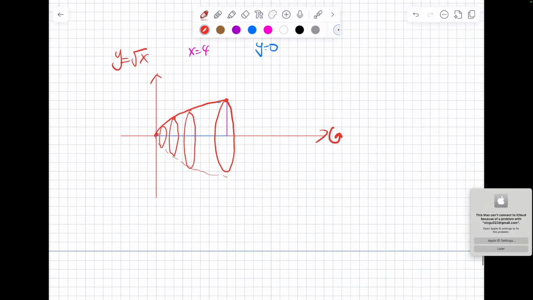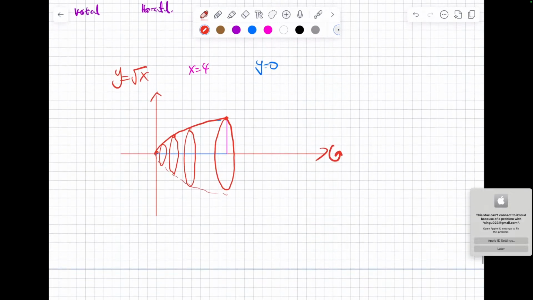So how do we do this? We take this function and say, well, this is the radius, right? And the radius length, you get it from y equal to square root x. Does that make sense? If I want to calculate the volume of this, it's basically a sum, which is an integral, between 0 to 4 of all different disks with all different radii.